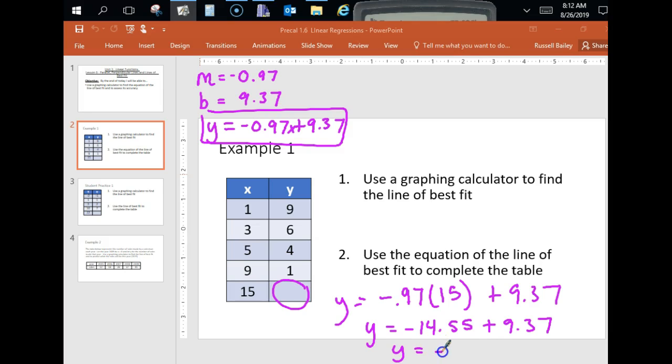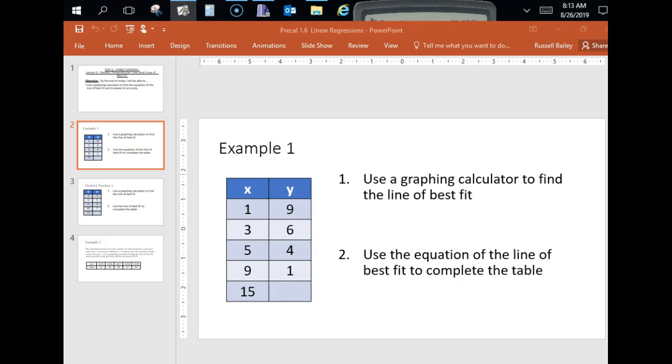Negative 5.20. Like that. And so we now know what would go there. Okay, so when you have a line of best fit, you can use that to predict other values that you don't know yet. All right, so I'm going to let you guys practice doing that in the calculators.